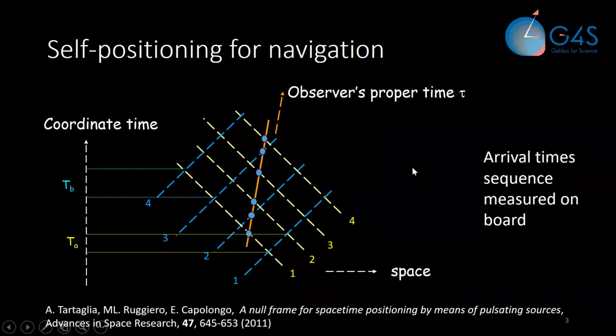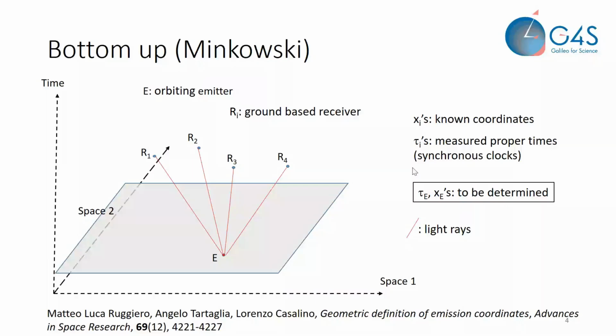But this is the positioning for navigation. In our case, we are speaking of Galileo, and in particular of Milena and Doresa, which went astray. So the idea is to use the positioning bottom up. The emitter is in space here, and the receivers are on the ground in well-known positions.